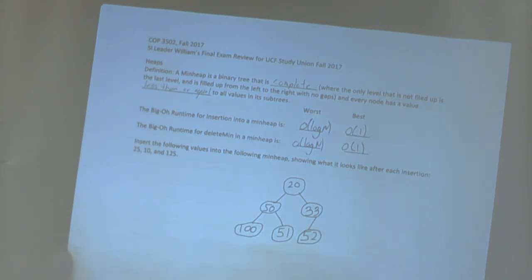So if we insert 25, we have to insert it at the rightmost available leaf node. So 25 should go about right here. This is the rightmost leaf node. Okay, so we show that here.